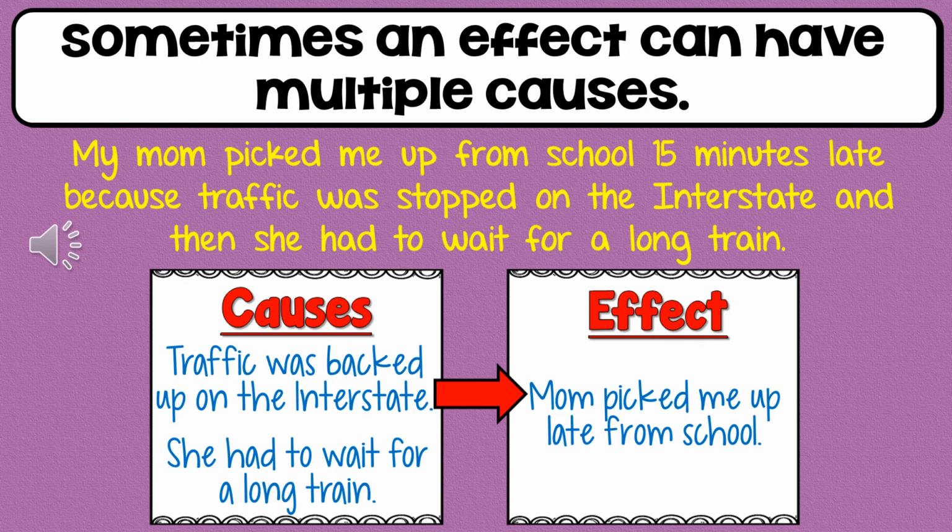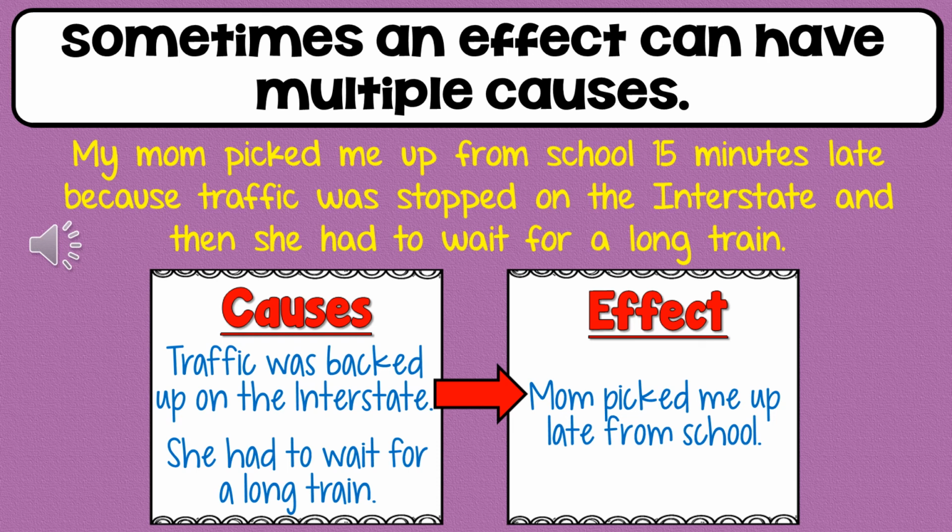Let's first figure out what happened. What is the effect? What happens second? So when I'm looking at this, I see that the effect in this is Mom picked me up from school late. Now let's stop and think about, why did Mom pick me up from school late? Well, first, she was stopped on the interstate, so that caused her to be late, and then she had to wait for a long train.